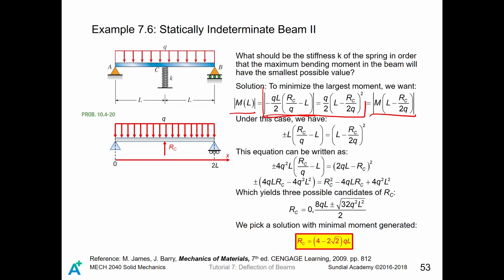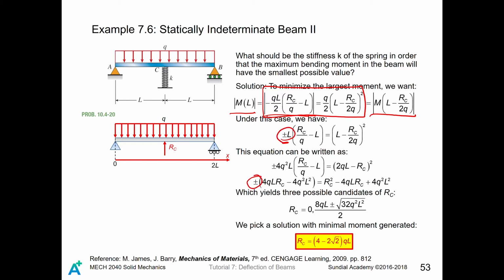One of them is in the absolute value, so there is a plus minus sign over there, and for the other, since the bracket on the right hand side is already squared and Q is a positive quantity, we can write the equation this way: plus minus L times (RC divided by Q minus L) equals (L minus RC divided by 2Q) squared. And we further expand the equation.